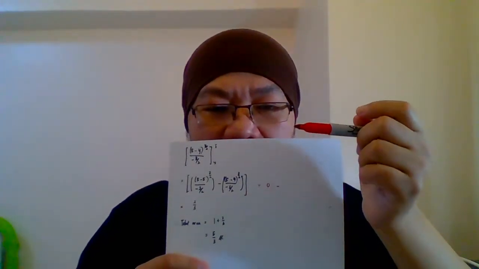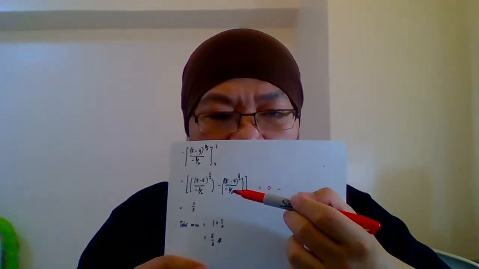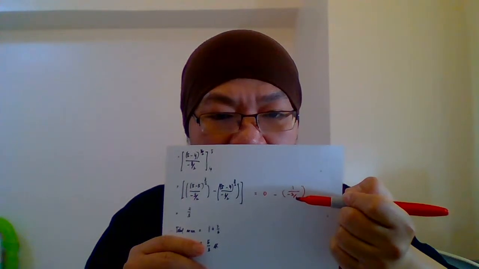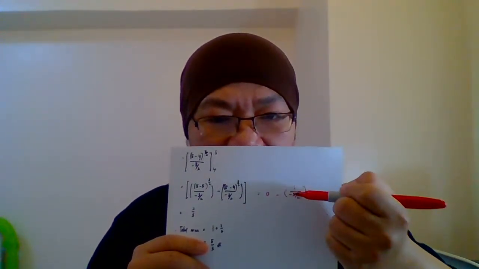So it becomes 1 over negative 3 over 2. When you simplify, it becomes negative 2 over 3.